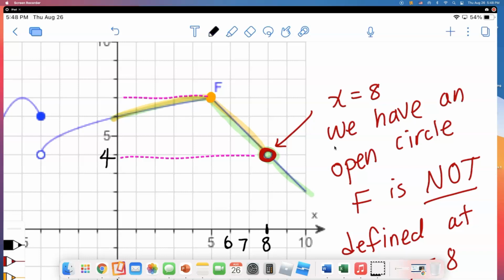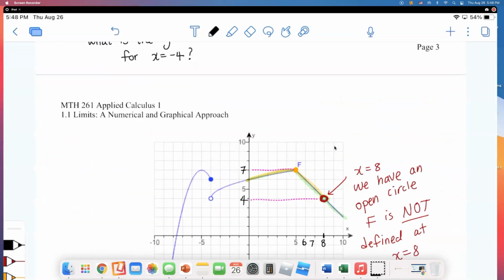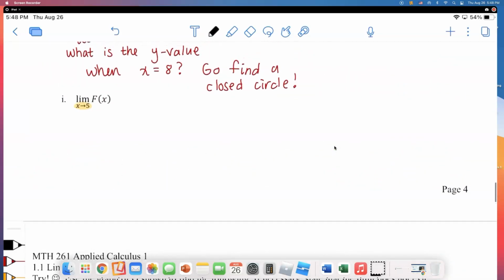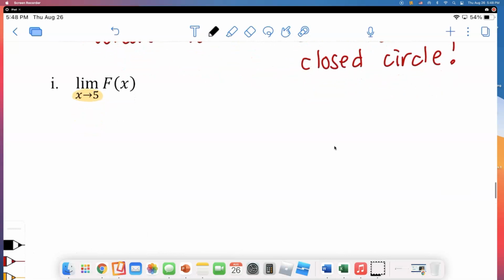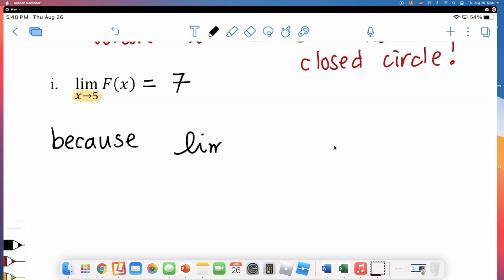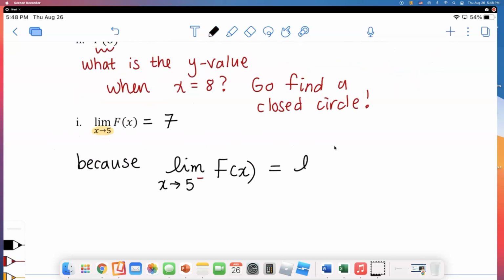So what is the y-coordinate of this special point? That is 5, 6, and 7. So I'm going to give them a long answer. We'll say that the limit of f of x as x approaches 5 is 7 because, let's practice our limit notation, the limit of f of x as x approaches 5 from the left equals the limit of f of x as x approaches the same number 5 from the right, and both are equal to 7.